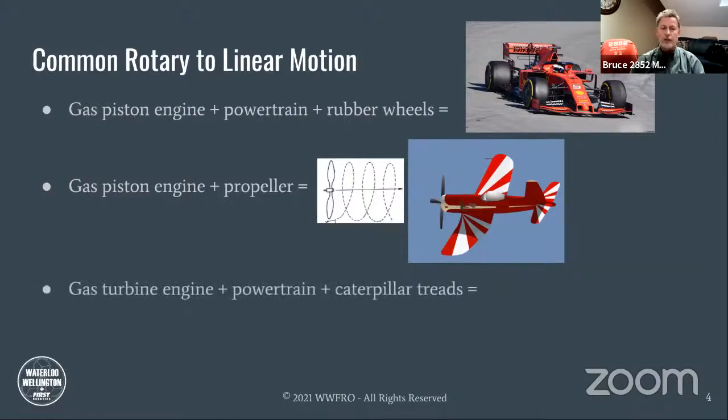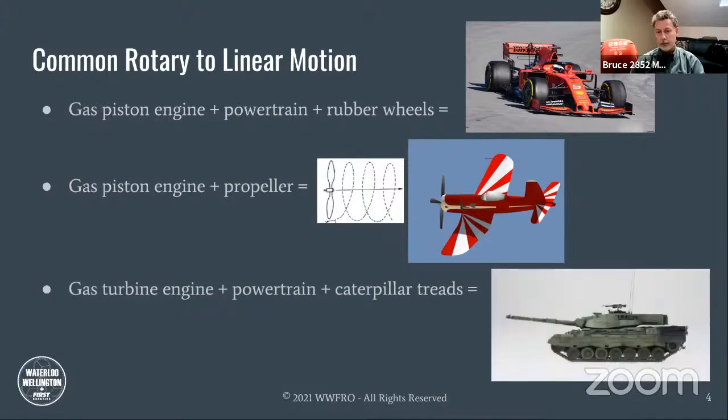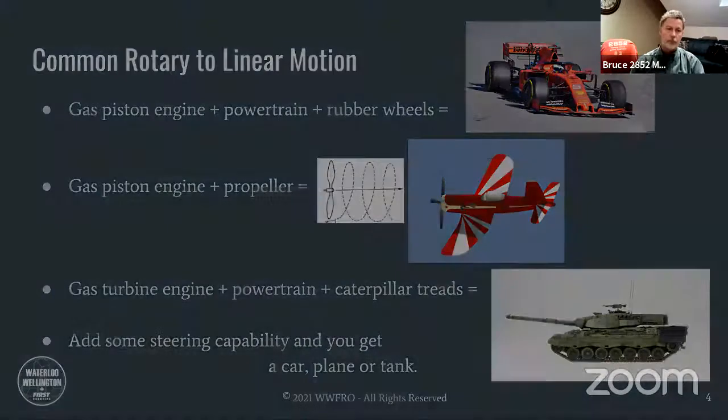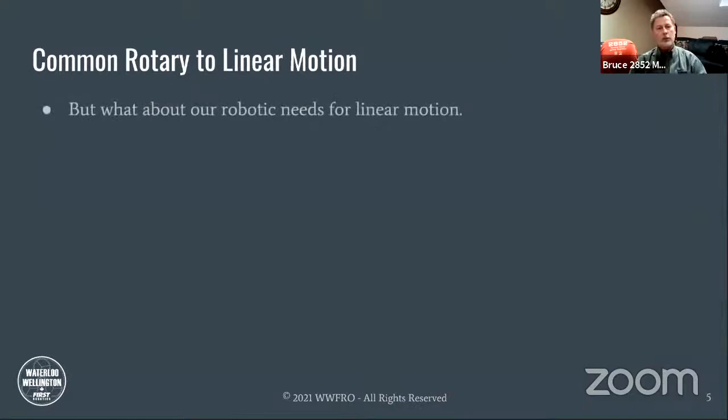And how about a gas turbine engine connected to a powertrain and caterpillar treads? You might get something like this. If you add some steering capability, you get a car, a plane, or a tank. So, some common rotary to linear motion.